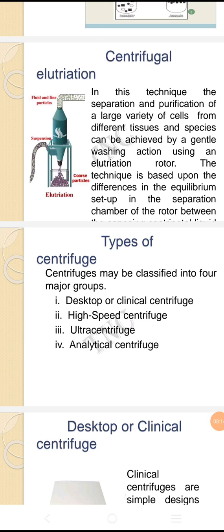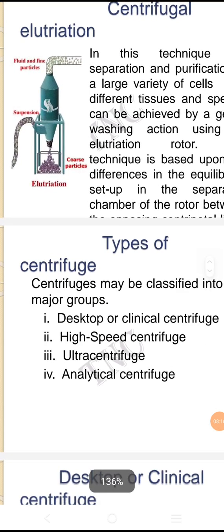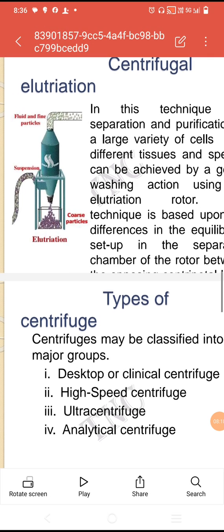In centrifugation we can use many types of rotors, like swinging bucket and fixed angle rotors, depending on the sample types. Fluid fine particles stay in suspension, and the coarse particles are taken out by the elutriation method.